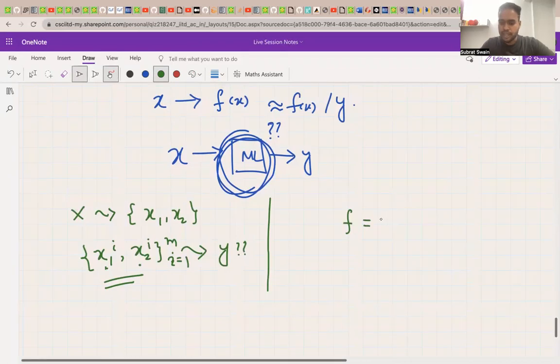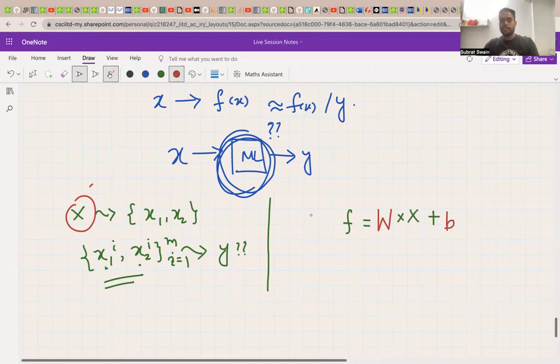What I can do is assume that my function is of the form some w into my input x, plus b.